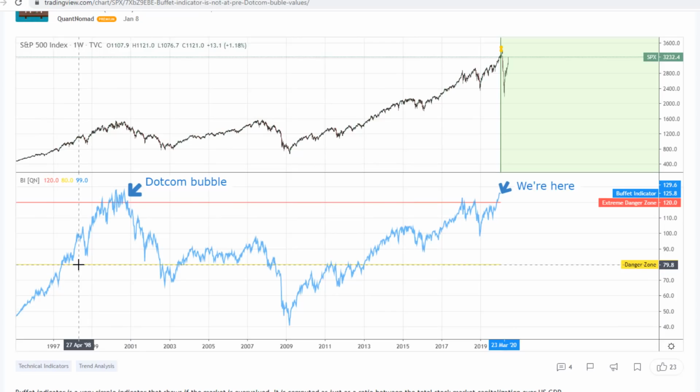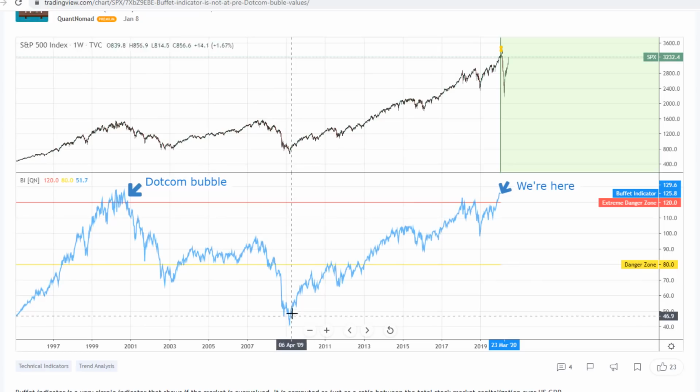Remember, when we looked at Warren Buffett's actual returns versus the S&P, he did significantly better all the way leading up to just before the dot-com bubble and also during the period after the dot-com bubble into the GFC, and then not really after that.